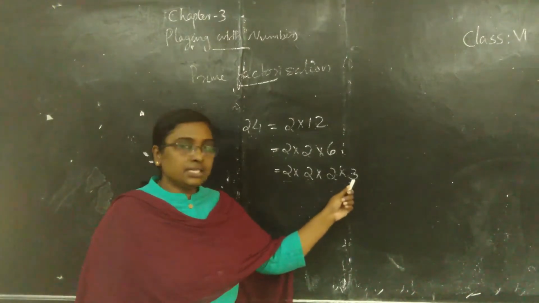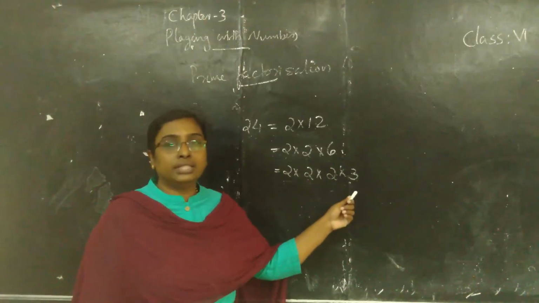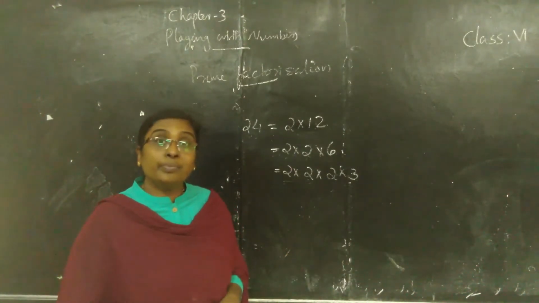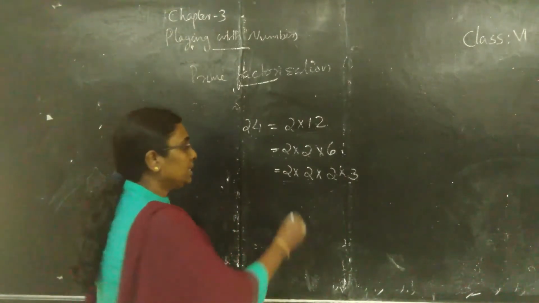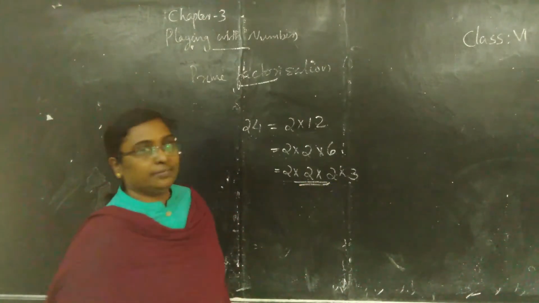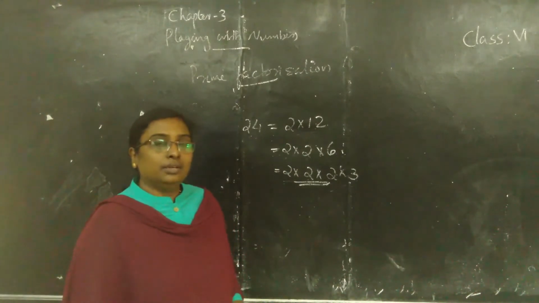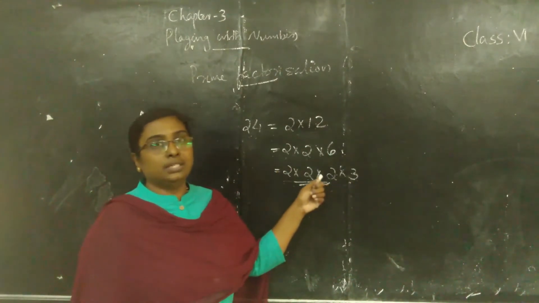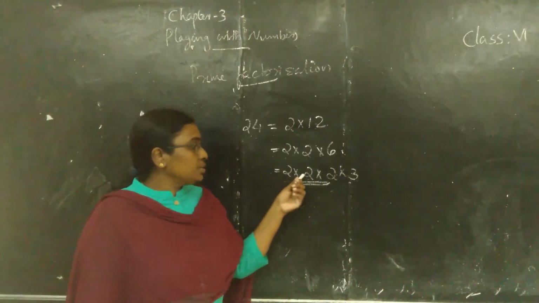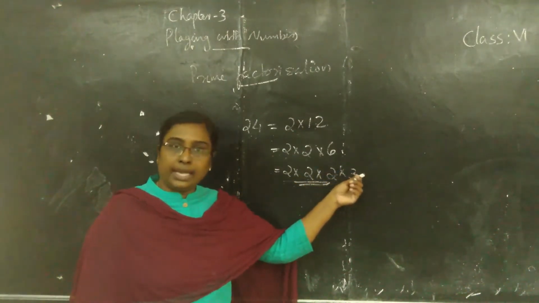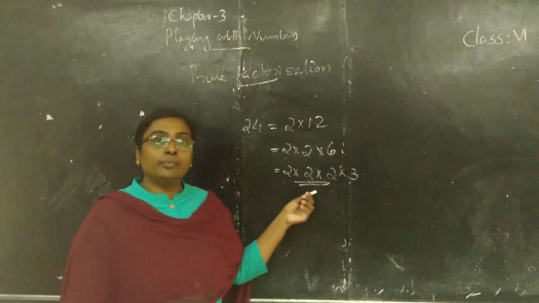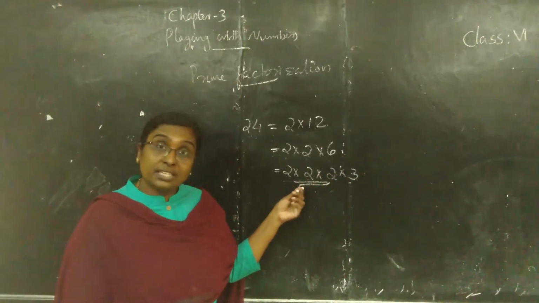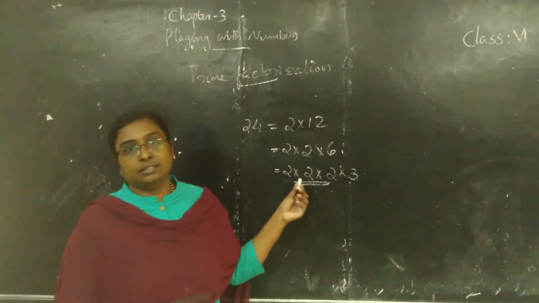In this factorization, the numbers are 2 and 3. 2 and 3 are prime numbers. So, this is called a prime factorization. If a number is expressed as a product of prime numbers, all the numbers are prime numbers. Such factorization is called a prime factorization.